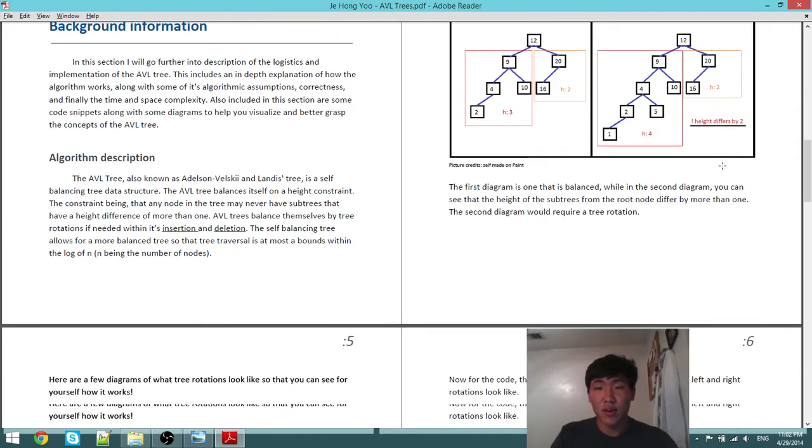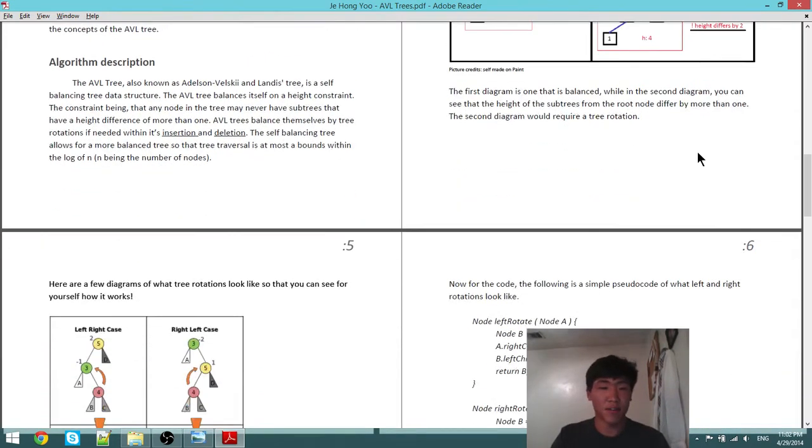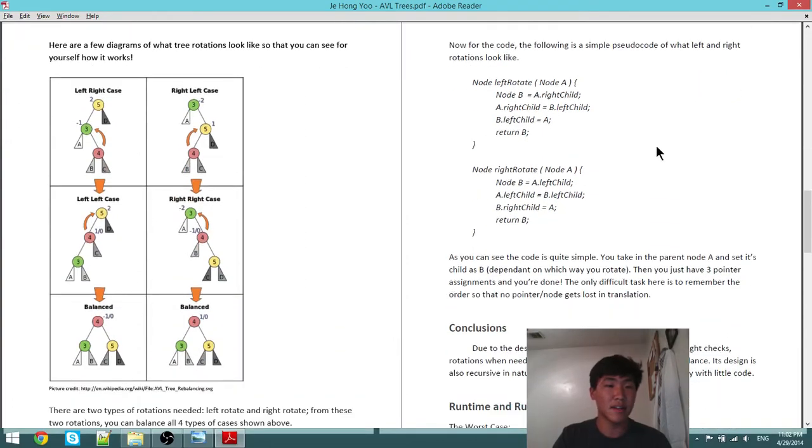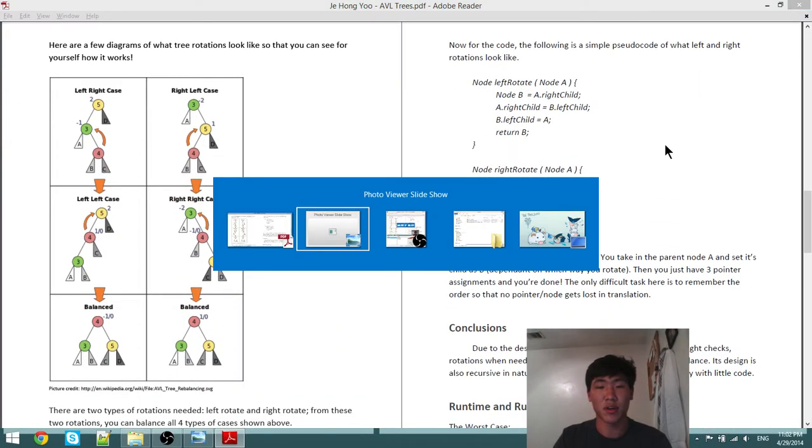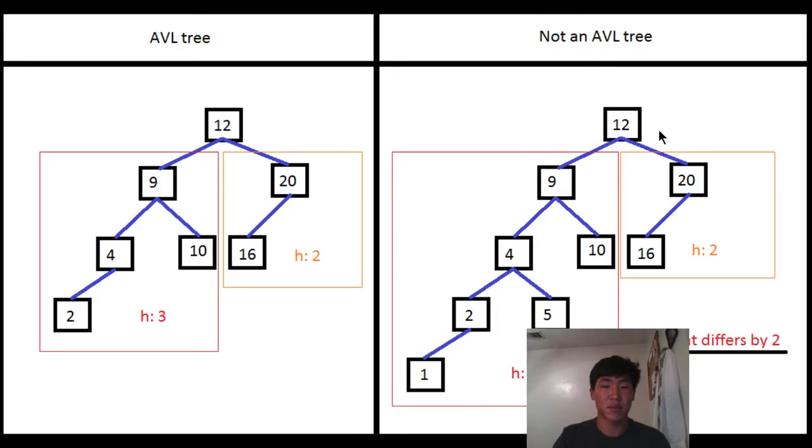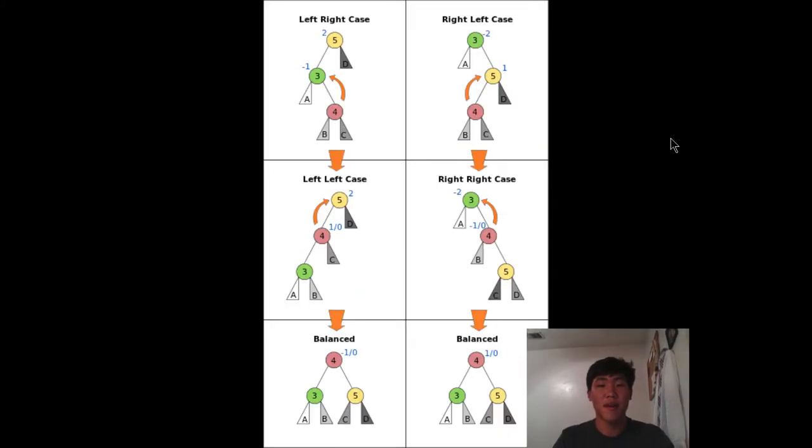Alright, so I've shown you that first diagram, and let's go ahead and see how these rotations work. Let me pull up another diagram. There's actually 4 cases, well 5, the 5th one being balanced, where when you insert a node, you can either have a balanced tree where all the heights never differ by more than 1, or it's unbalanced.